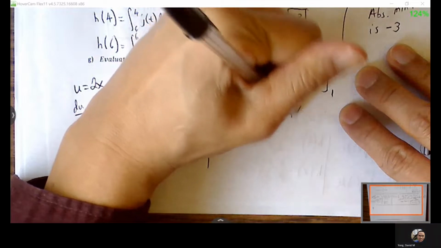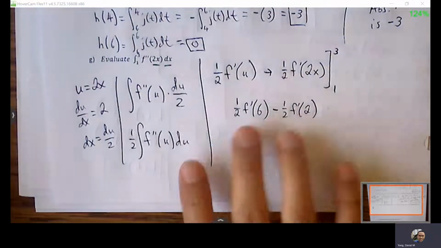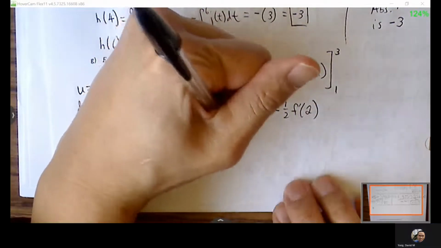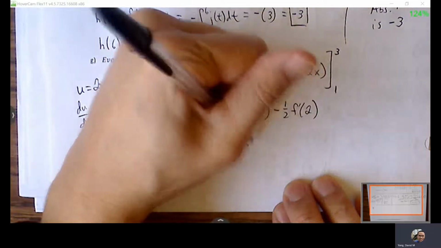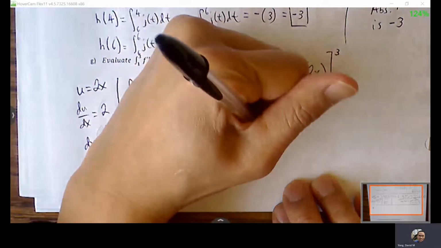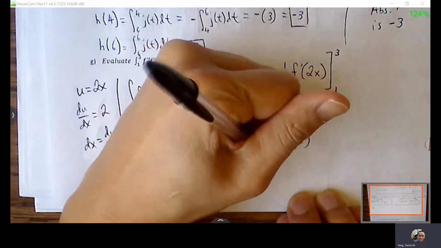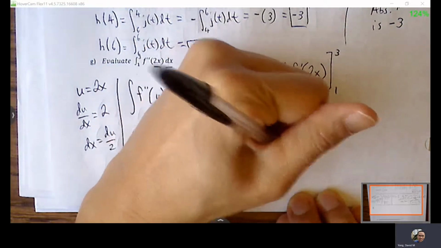Minus 2 times 1 is 2. Okay, these are all values that we can find at the top of the page from our f prime table. F prime of 6 is 2. F prime of 2 is 3. 2 halves minus 3 halves is negative 1/2.